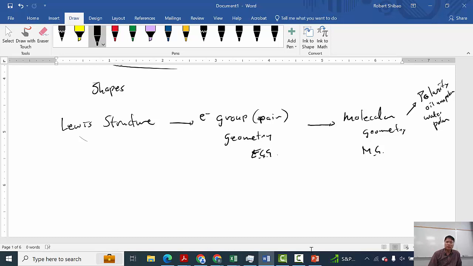If you can't read my writing, let me know. So that's supposed to be non-polar next to oil. And so we figure out things like polarity.